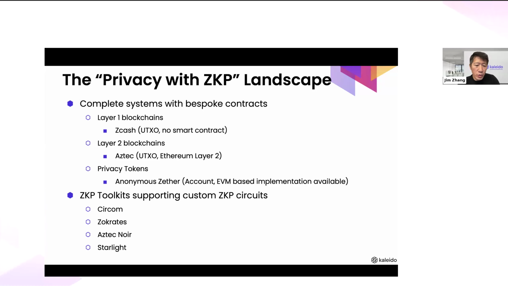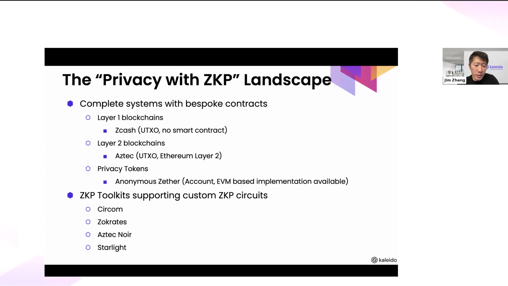In terms of the toolkit and ecosystems, we have a couple available to us. Circom and Zokrates are pretty mature systems. They have been used for a couple of years by now by multiple project teams. Aztec Noir is a new DSL language that allows you to design ZKP circuits.